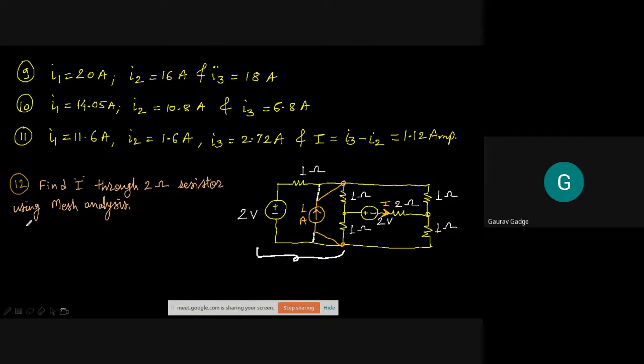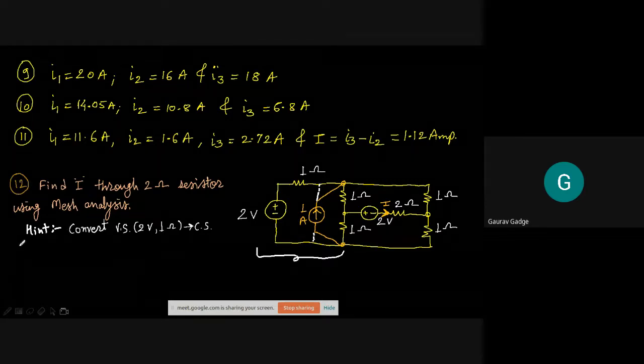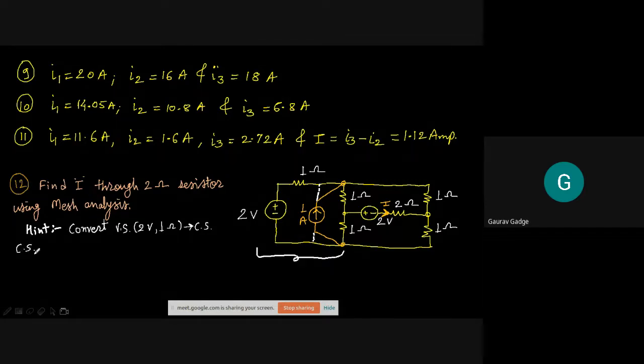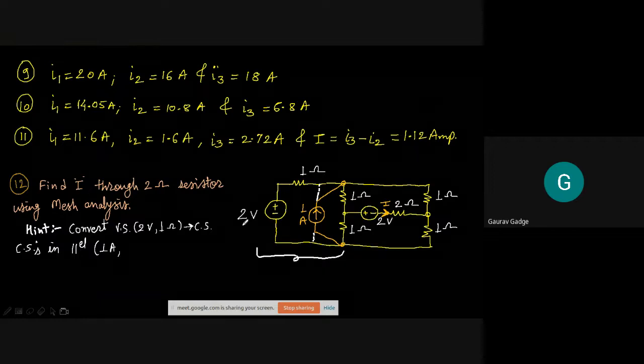Then the hint is to convert the voltage source 2 volt 1 ohm into a current source. Okay, after getting the current source, another hint is you will find current sources in parallel. अब करंट सोर्स कौन कौन से पैरेलल में होंगे आपके? 1 is 1 ampere, comma, अब 2 वोल्ट का करंट सोर्स क्या होगा?